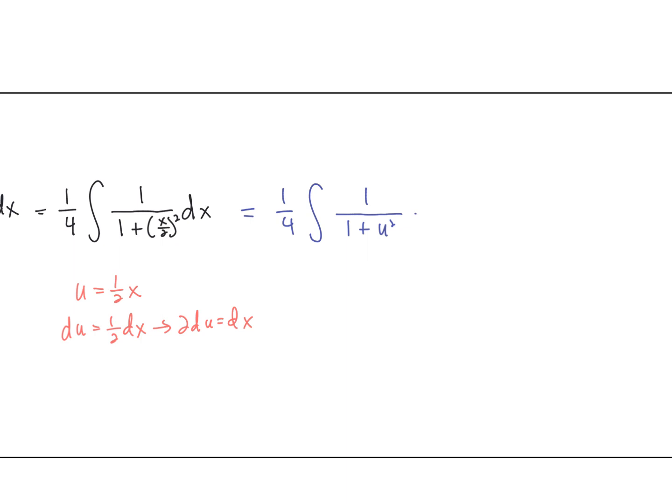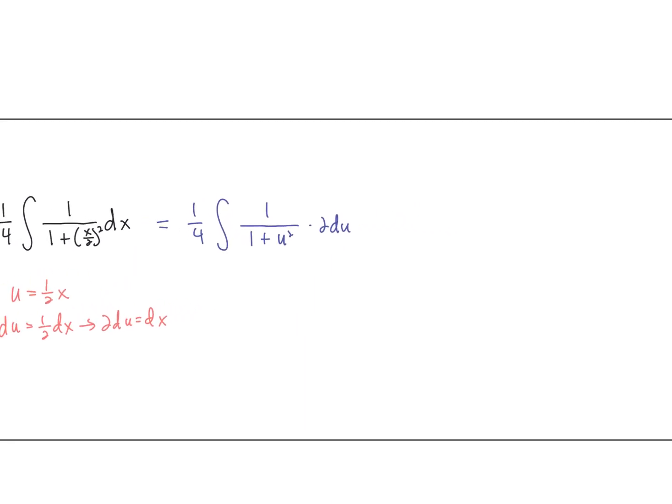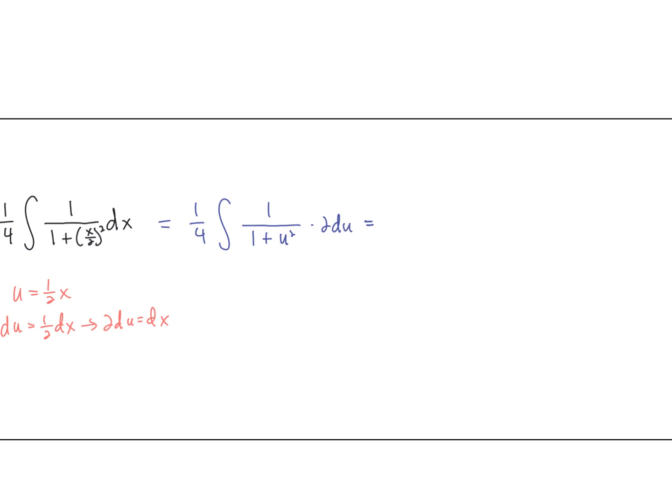And then the dx is really 2 du. Okay, and then this 2 is a constant that's multiplied, so we can bring it out. And this will become 2/4, which is really just 1/2.